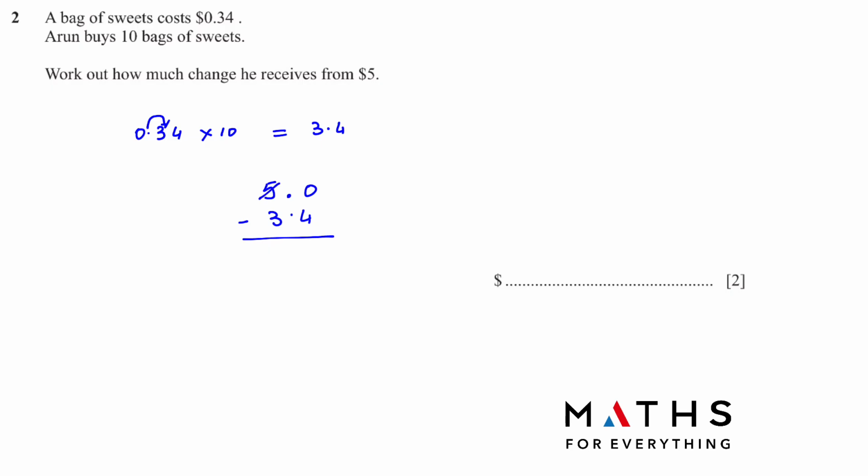From 5, you will need to borrow 1. This will become 10. And 5, because we gave 1 to 0, is going to be 4. 10 minus 4, 6. And 4 minus 3, 1. So $1.6. Because we have dollars, there should be 2 digits after the decimal.